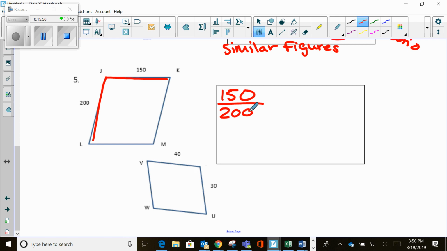I can simplify 150 divided by 200 by dividing out the zeros. So I get 15 divided by 20. Okay, and then you can simplify 15 divided by 20 into 3/4. Again, you could just put this in the calculator and get a decimal, and you could get the decimal 0.75.